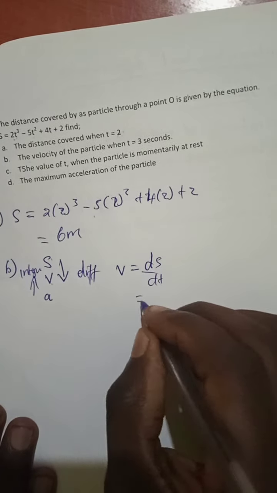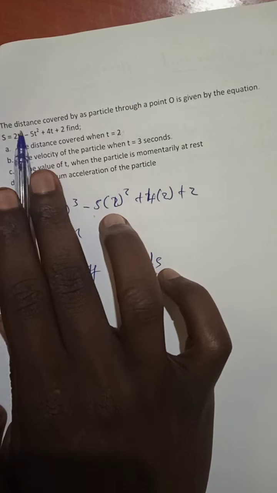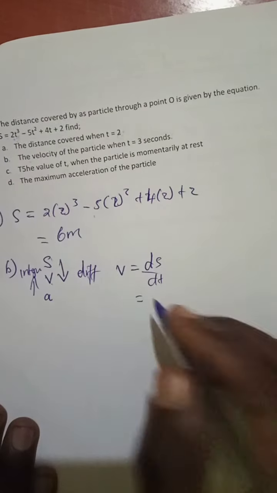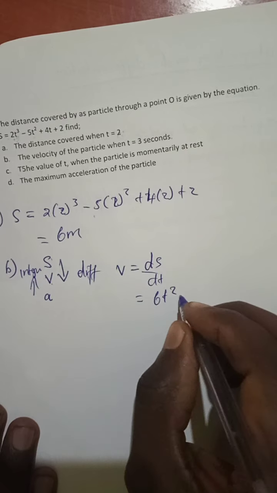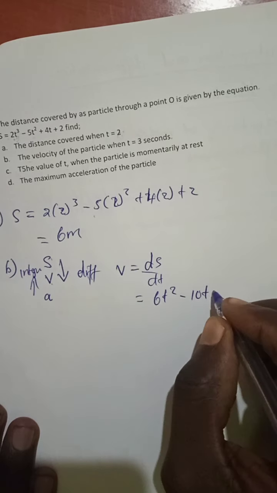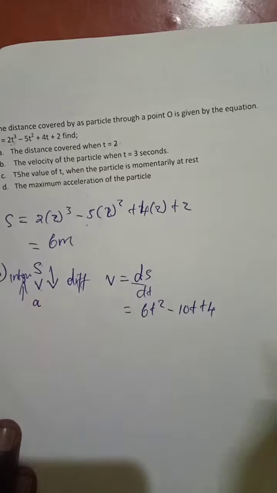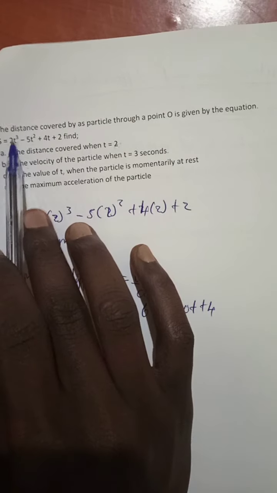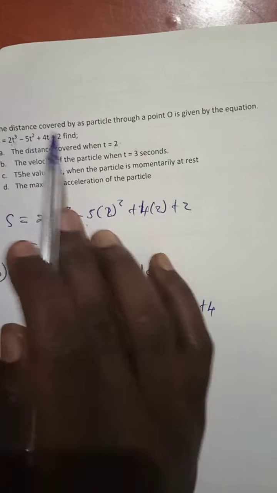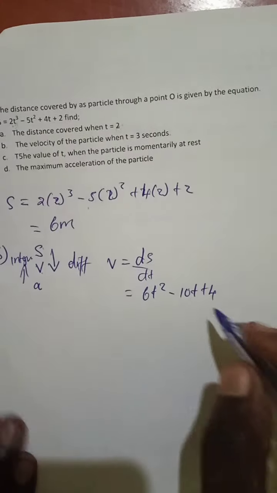Differentiating, it becomes 6t² − 10t + 4. Remember, in differentiation, you multiply the coefficient by the power, then reduce the power by 1. The same applies to the others.